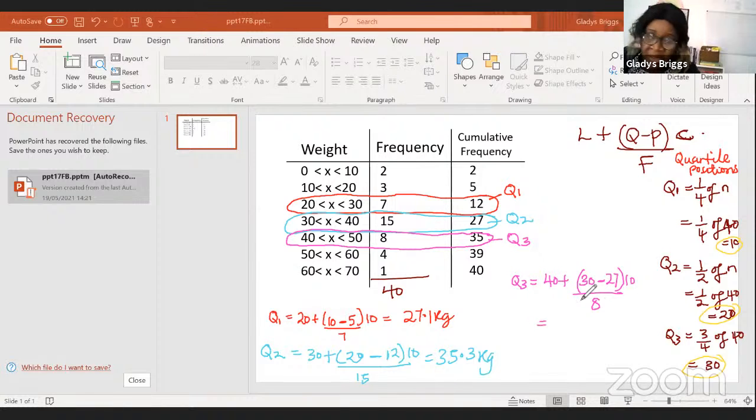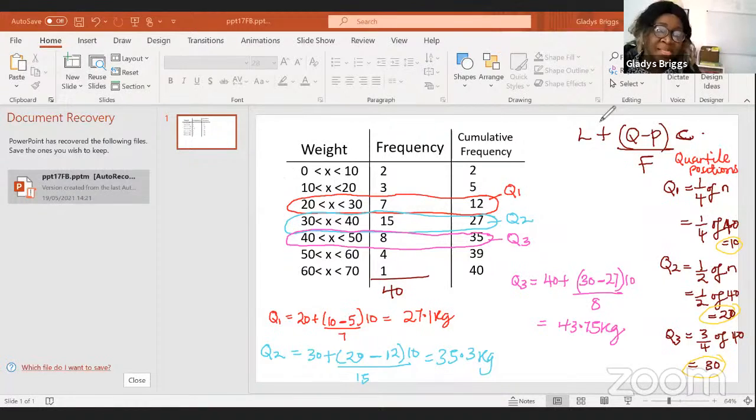So that needs to go into our calculator so that we can get the answer. 43.75 kilograms. Well done, Ahmed. Well done, Abra.